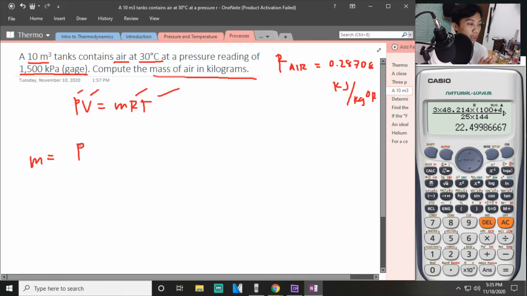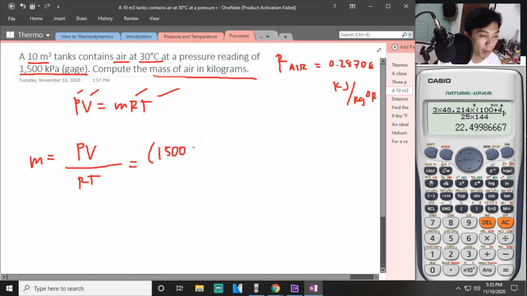Now, you will solve for the mass of air. So, we reform the equation again. That is M equal to PV over RT. Now, the pressure is 1,500 kPa gauge. 1,500 plus 101.325 to make it absolute, kilonewton per meter squared.